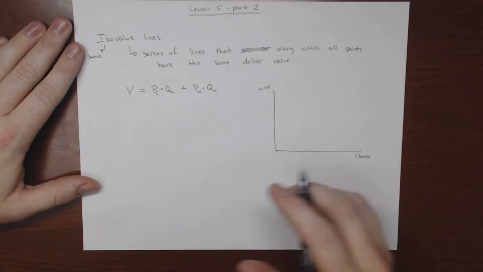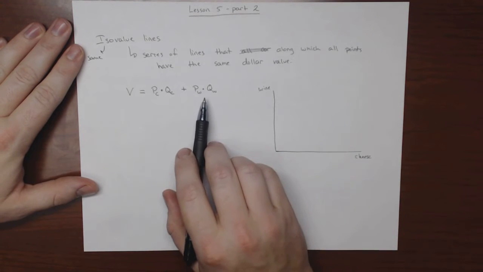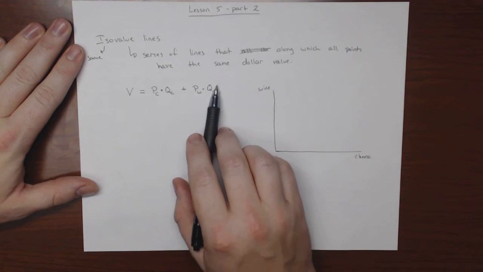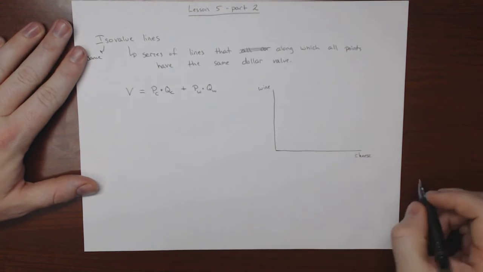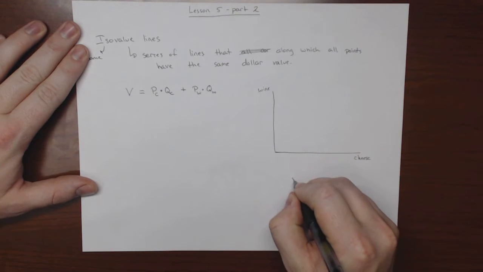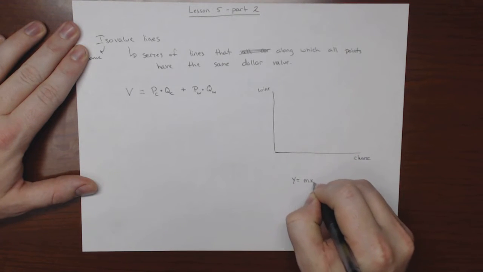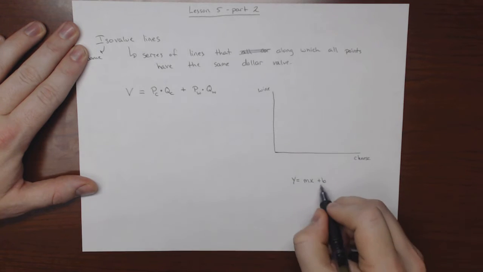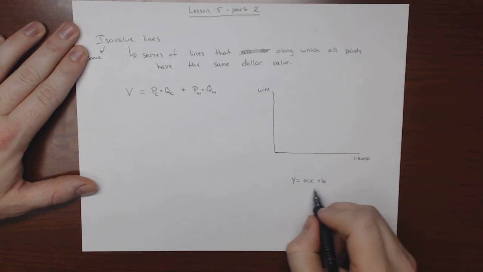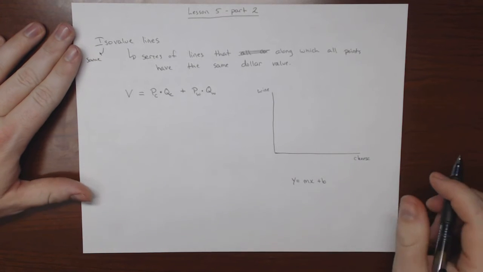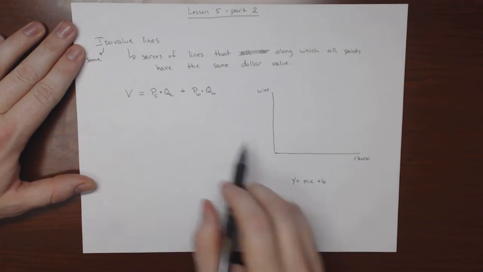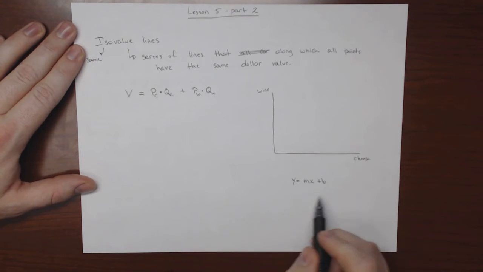So what we would want to do is solve this equation for QW, because then we get into a familiar form of a line, y equals mx plus b, where b is the y-intercept and m is the slope. Okay, so we want to get this here to look like this.